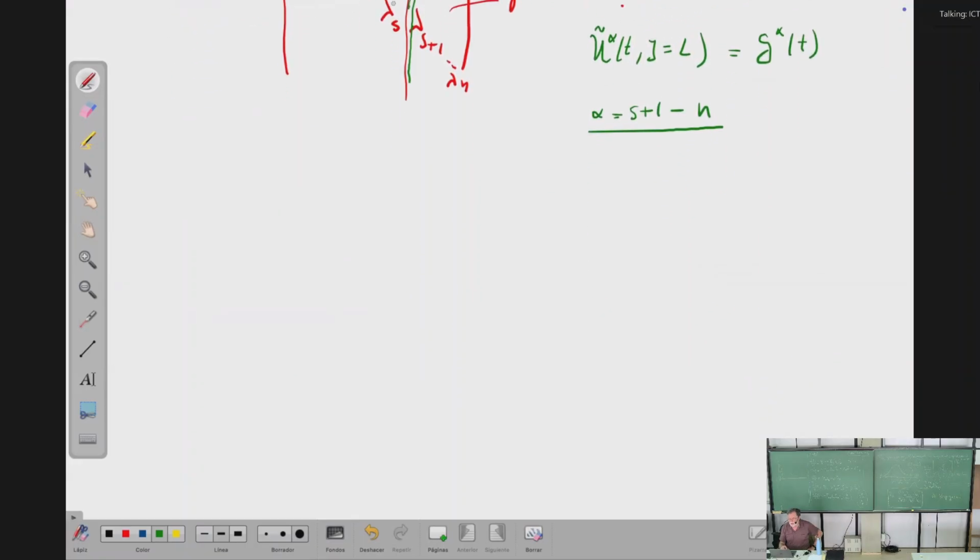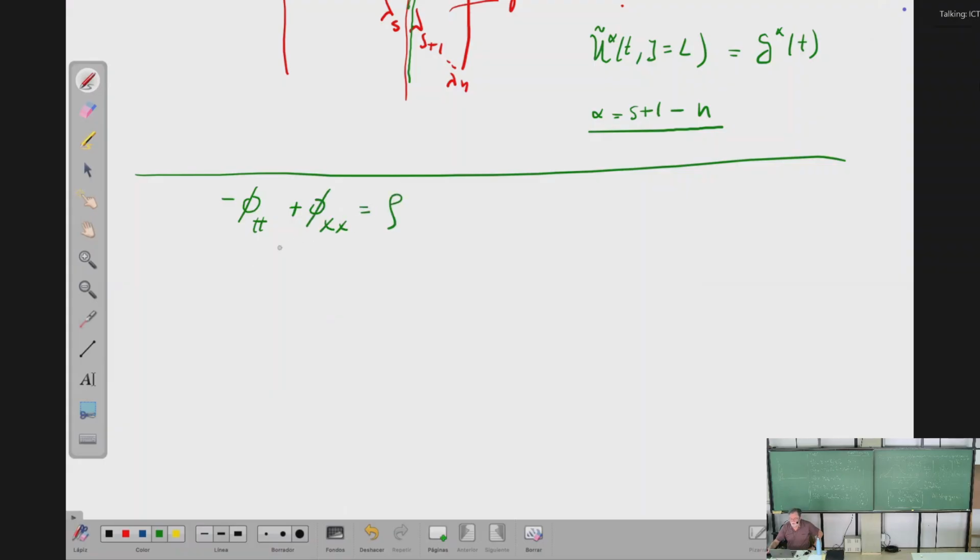For instance, let me show you something. Suppose you have the wave equation, right? The second order wave equation. You have a phi, let's do it in 1 plus 1. phi_tt minus phi_xx equals to some rho. Okay?